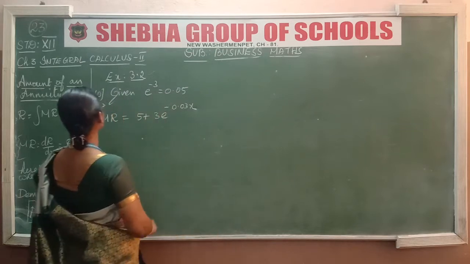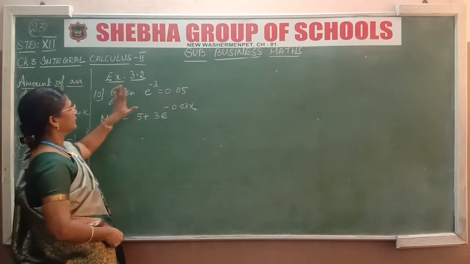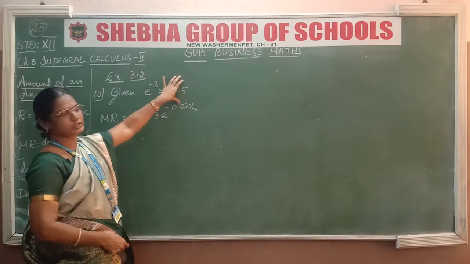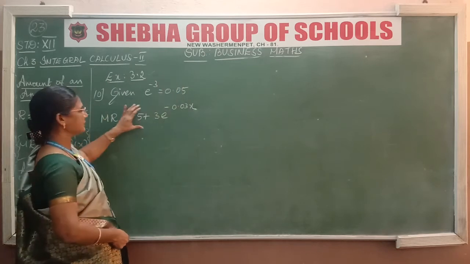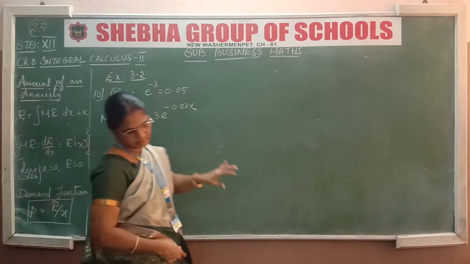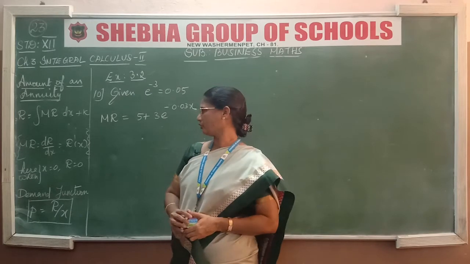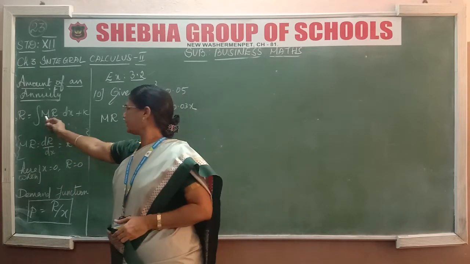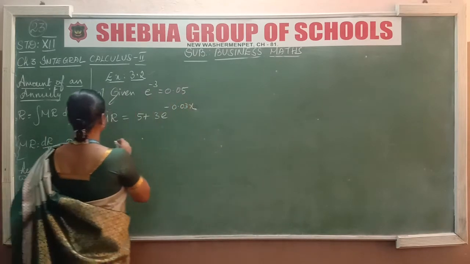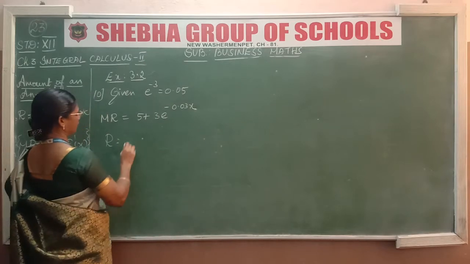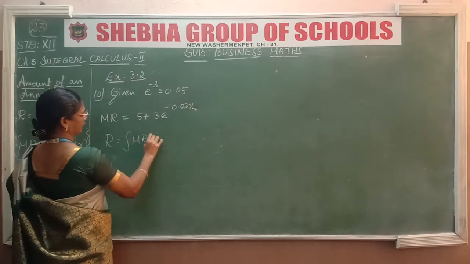listen, the 10th sum is, it is given e power minus 3 is 0.05, and also MR is given, so we have to find R, and R is equal to what? Integral MR into dx. R is equal to integral MR into dx.